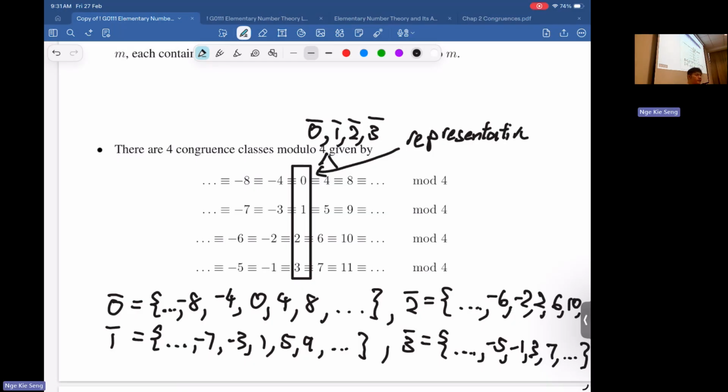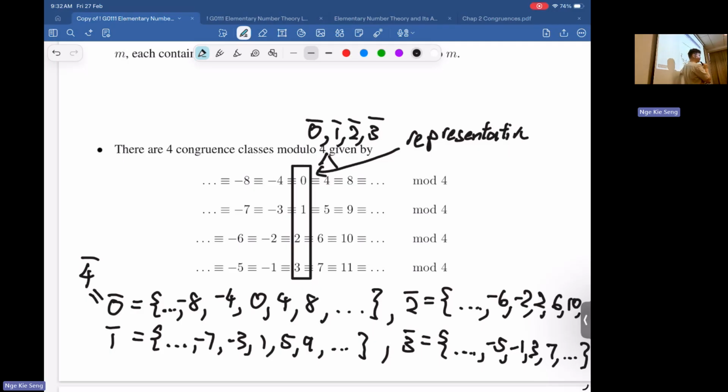The representative can change, like a class rep. In this class it is you, in another class it is a different person. So sometimes 0 bar here we could write as 4 bar. We can change the representative. Because if I write 4 bar, it means I want all the numbers that have the same remainder as 4 after dividing by 4.